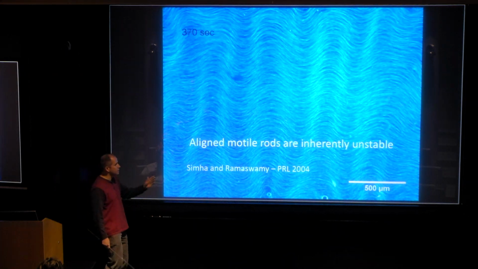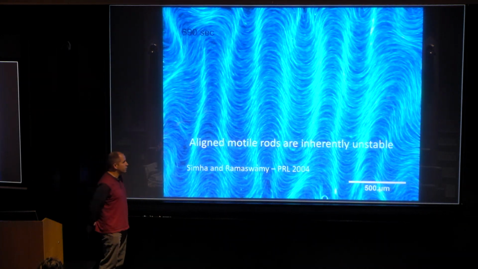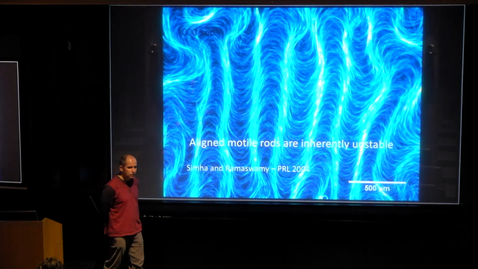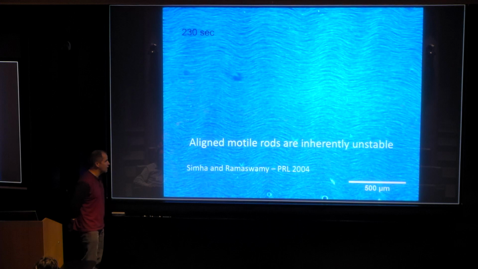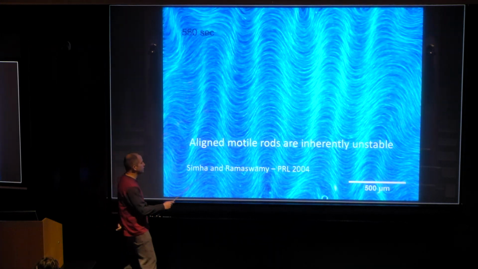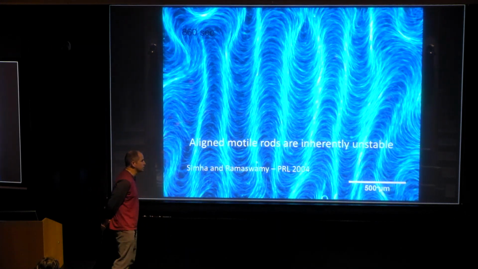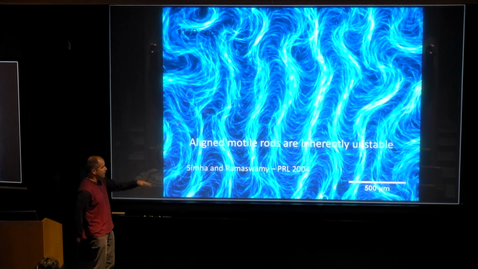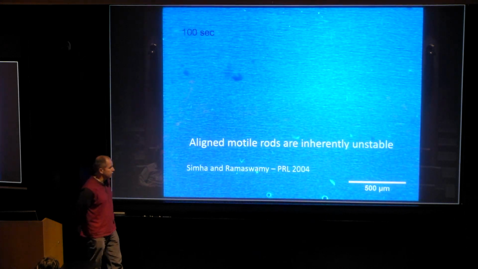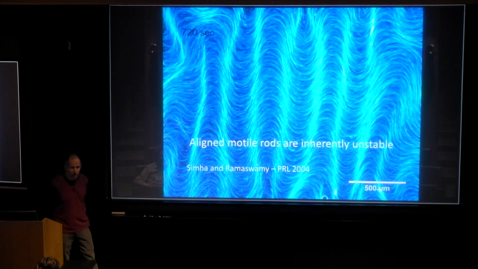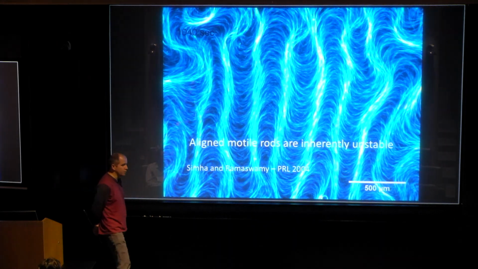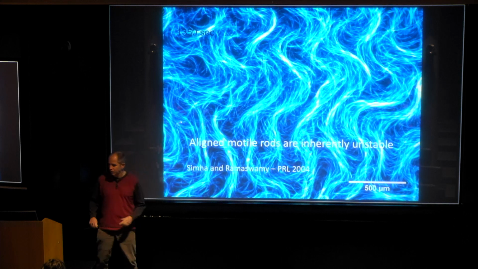And so this is aligned microtubules. They are consuming energy and extending, and these aligned microtubules become unstable and develop this instability that grows in this direction. And over time, they go into this steady state chaotic dynamics. And this is really the phenomenon that drives a lot of the rich phenomenology of active materials.